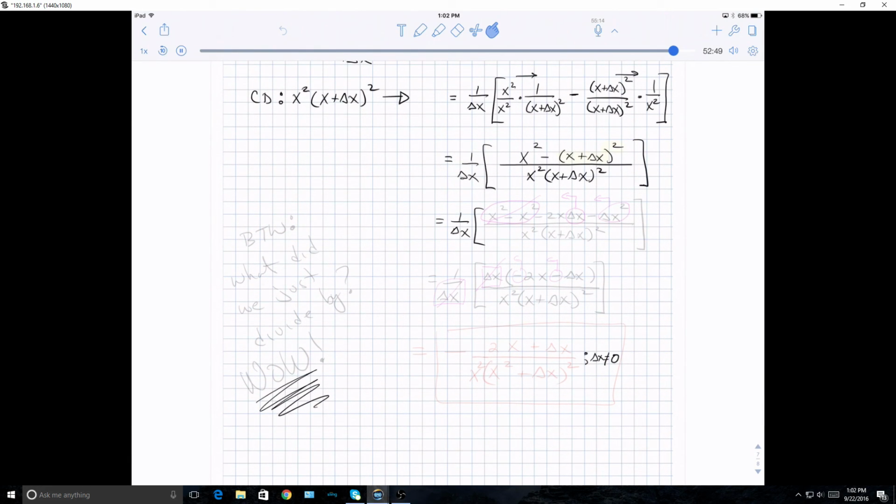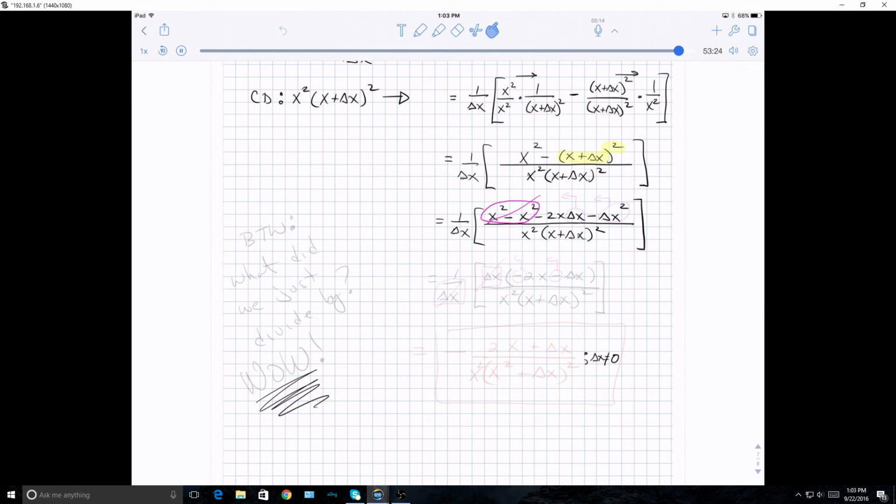So we can now do x squared minus x squared minus 2x delta x minus delta x squared. And if you don't believe that that's the expansion, I encourage you to prove me wrong and try it out for yourself. And we have in the denominator nothing. We're not going to bother multiplying this, okay? And then you'll notice something interesting happening.